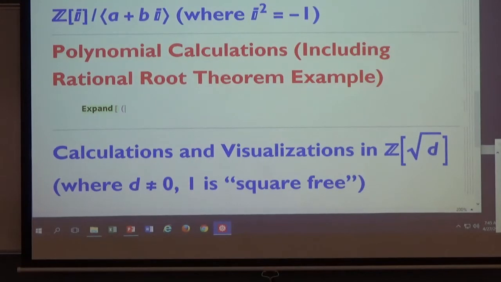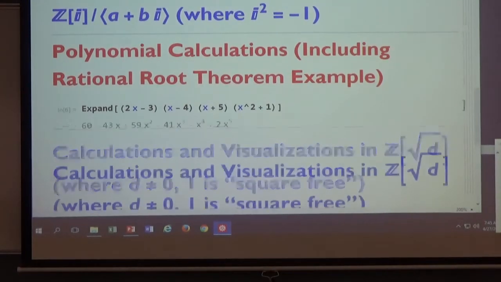Say I make one of the factors 2x minus 3, so that 3 halves would be one of the rational roots. Times x minus 4 times x plus 5. Oh, and for good measure, let's throw in x squared plus 1. So this is going to be a 5th degree polynomial that's going to have rational roots that are 3 halves, 4, and negative 5. It's also got complex roots, plus or minus i.